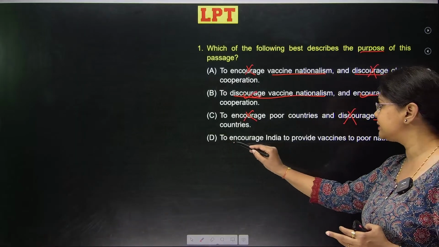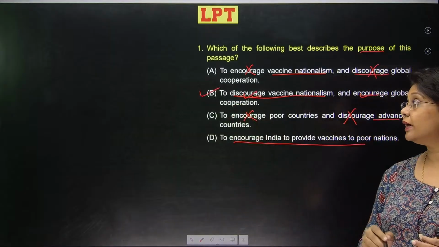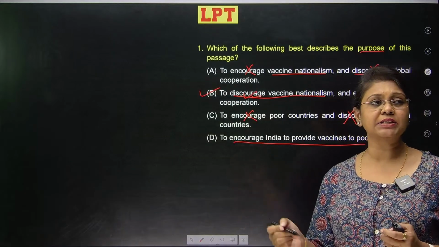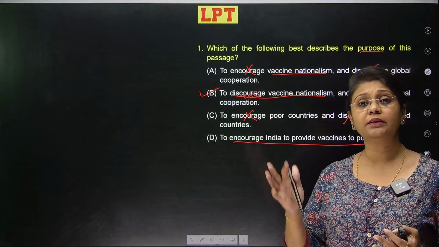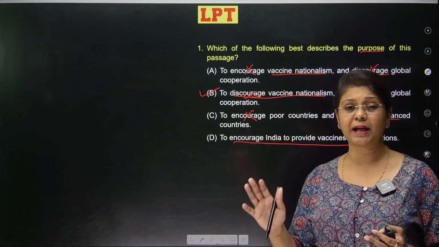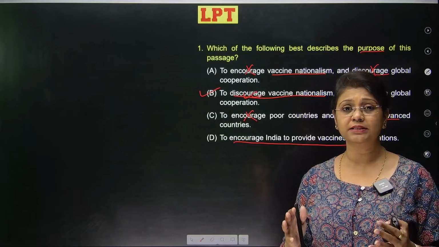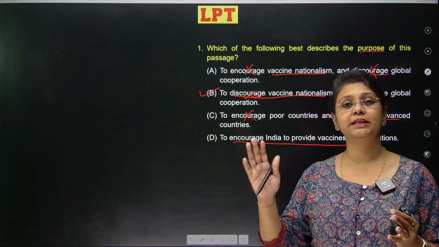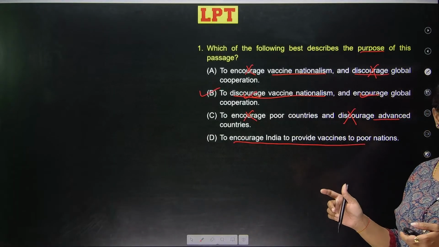So again, this does not make sense. So your answer choice is B. It is about discouraging vaccine nationalism and encouraging global cooperation. That is what the author has an opinion about. And we also mentioned in the passage that India is turning out to be labeled as the world's pharmacy, as it is helping these nations to acquire vaccines, right? So I think that makes sense.